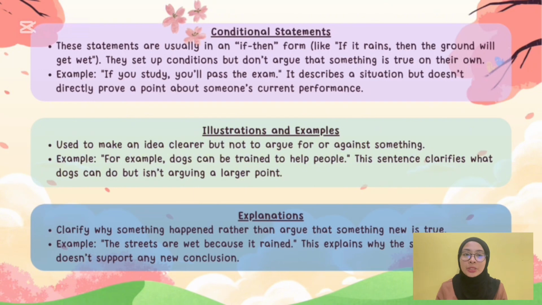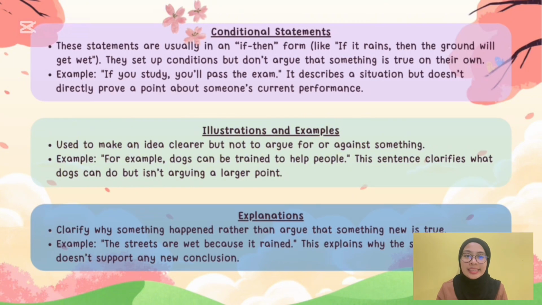It describes a situation but doesn't directly prove a point about someone's current performance. So it doesn't guarantee that one will pass the exam. It is not 100% guaranteed that he will pass the exam without studying.